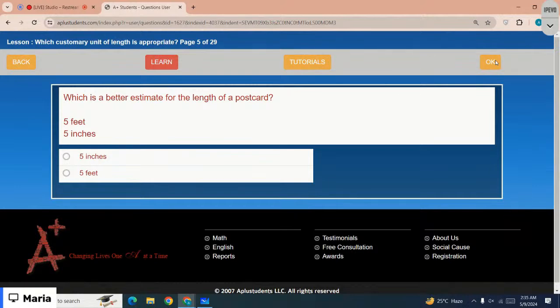That is 5 inches. No, 5 feet is too long for the postcard. That must be 5 inches.